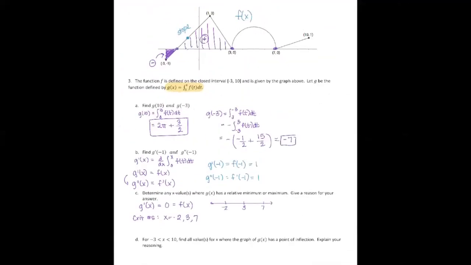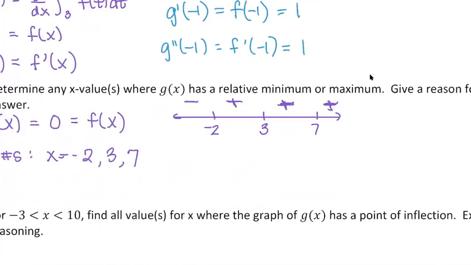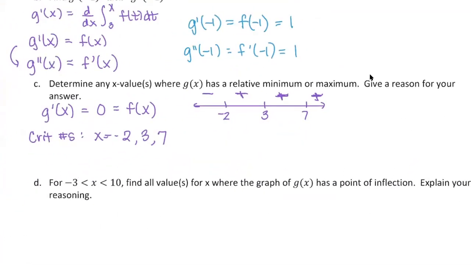If we look at this here, to the left of -2, f of x is negative, which means G prime is negative. From -2 to 3, the graph is positive. It's above the x-axis. From 3 to 7, it is also positive, and after 7, it is also positive. So the only place it changes signs is at -2.